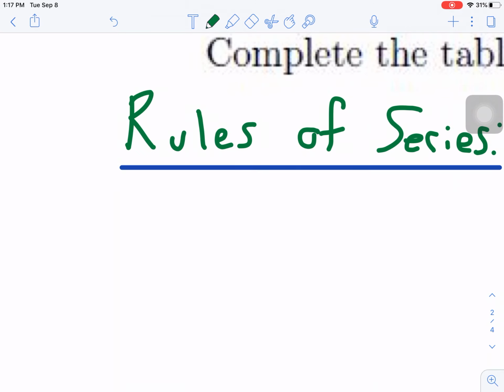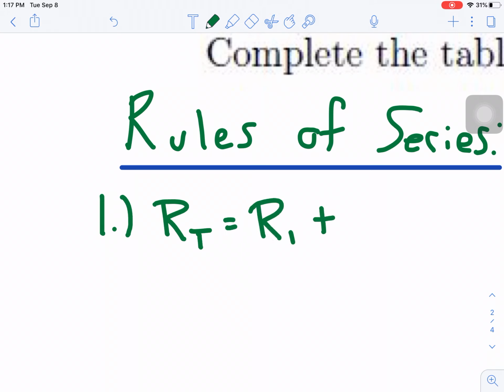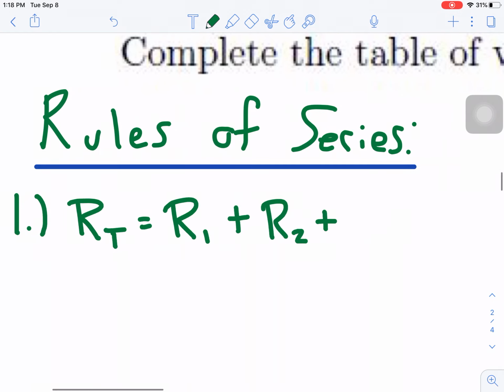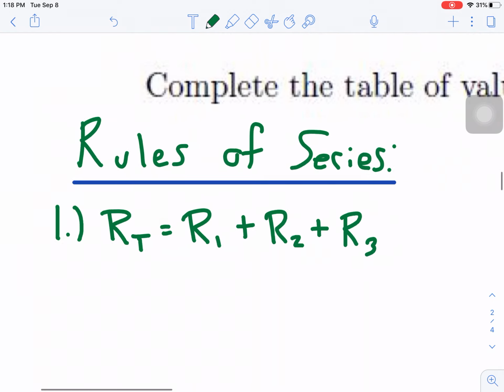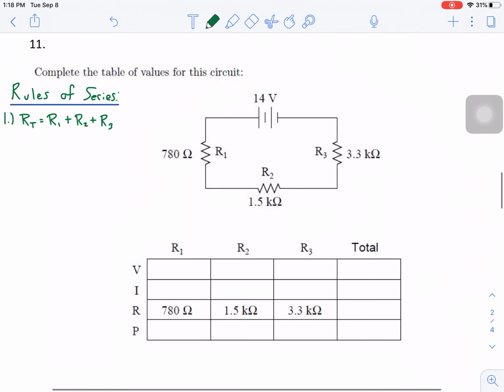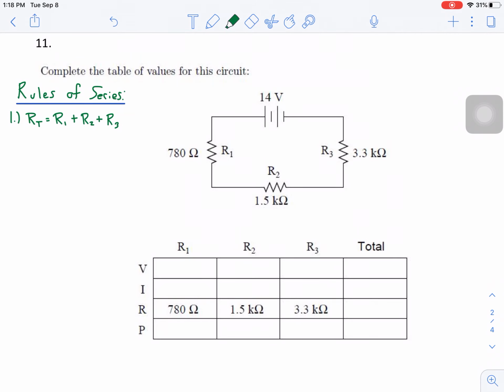And the first is that our total resistance is equal to the sum of all of our individual resistors. So if I look at my schematic here, if I were to add up R3, R2, and R1 together, I would be able to get the total resistance of the circuit.